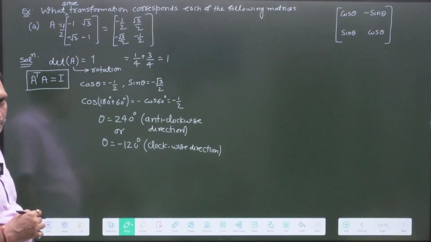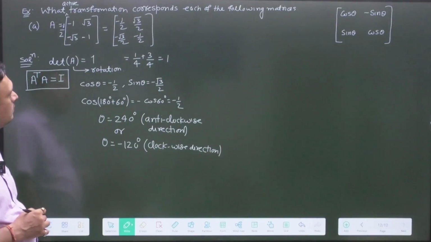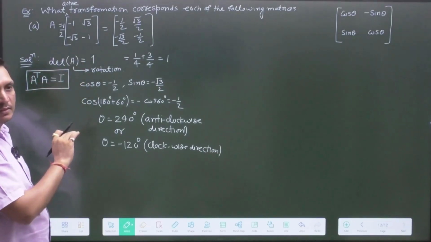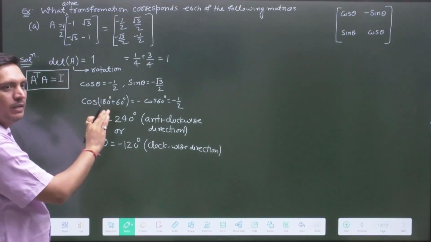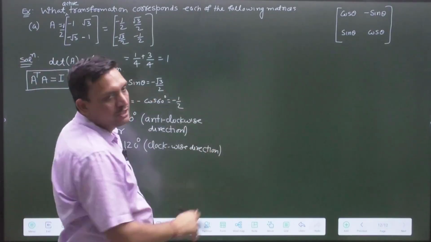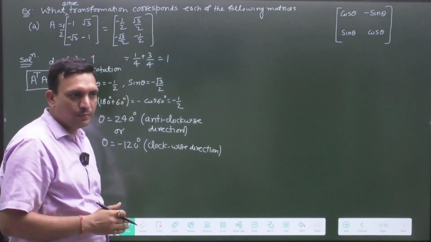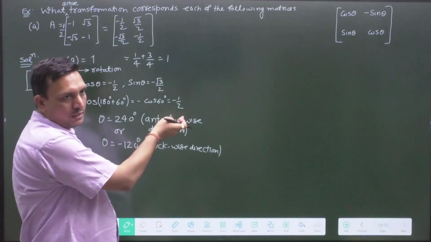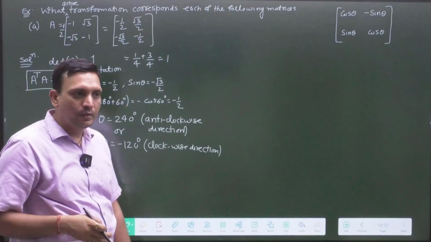Clear? So they will give you an orthogonal matrix. You have to check the determinant is 1. If it is active rotation, compare with this matrix, you will get angle theta, by what angle the vector will be rotated. So anti-clockwise 240 degree and clockwise minus 120.